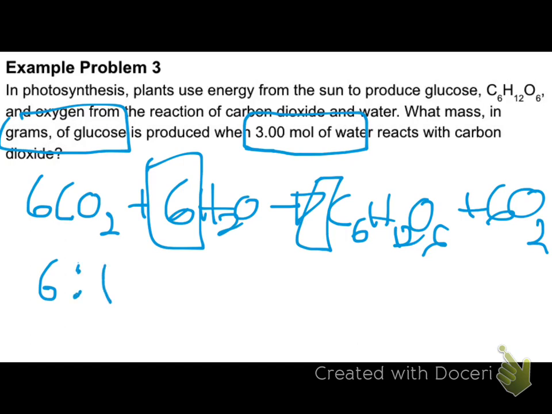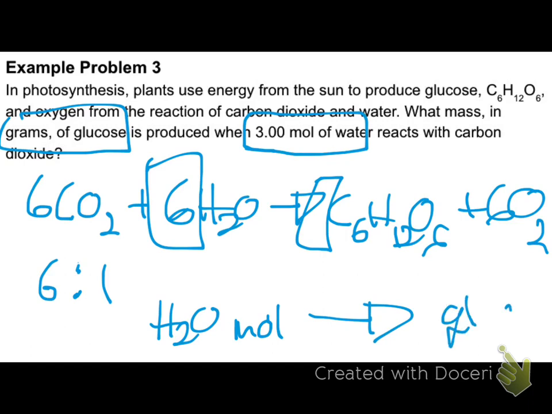And we're going from our known, which is H2O in moles, to our unknown, which is glucose in grams. So this is going to be a two-step process. First, we have to determine moles of glucose, and then we have to determine from there grams of glucose using its molar mass.